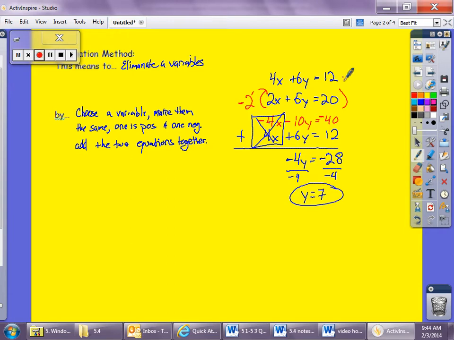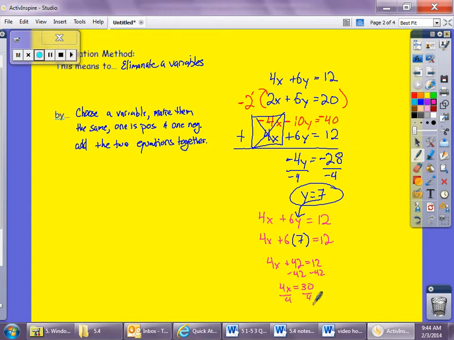So we just choose one of these two. So if I write the top equation, 4x plus 6y equals 12, and I know that y is 7, now I have 4x plus 6 times 7 equals 12. Well, so 4x plus 42 equals 12, minus 42. 4x equals 30.